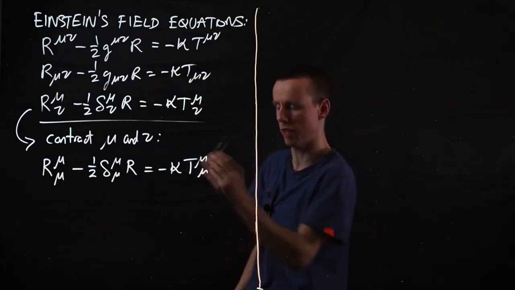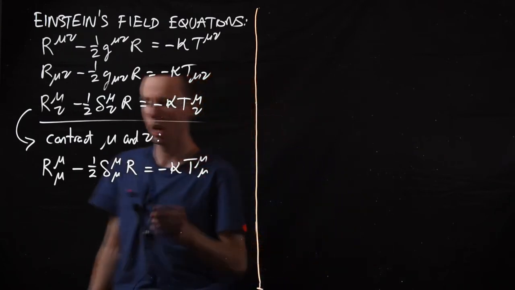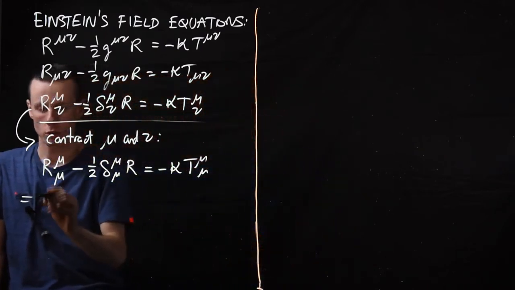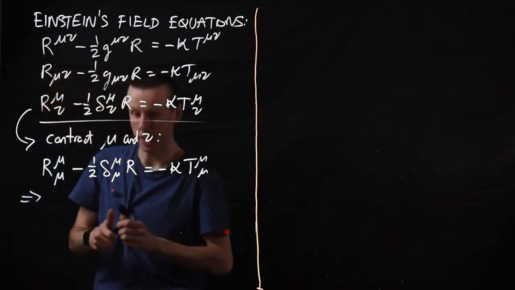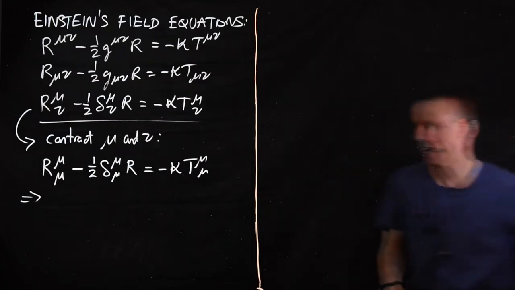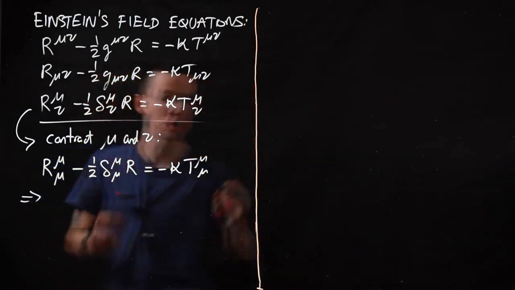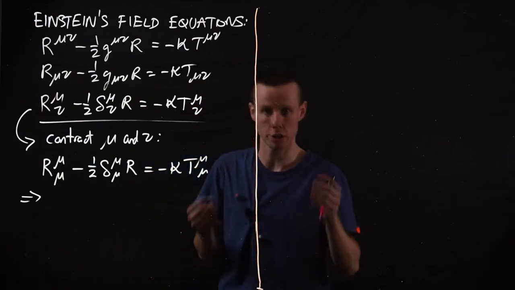We will talk later in this video about what it actually is, but for now it's just an unknown constant. And so what next? Well, we can actually find what delta^mu_mu is quite easily. Remember the Kronecker delta, if the 2 indices on it are different, then it's 0. If the 2 indices are the same, then it's 1.